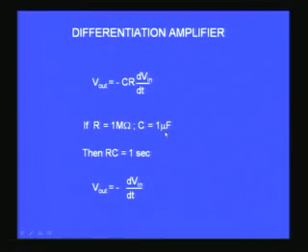If I choose R equal to 1 megohm for example, and C equal to 1 microfarad, the product RC will become 1 second. RC is a time constant, we normally measure it in seconds, so RC will be 1, and the V output will become minus dVin by dt, so this becomes a simple differentiating circuit.